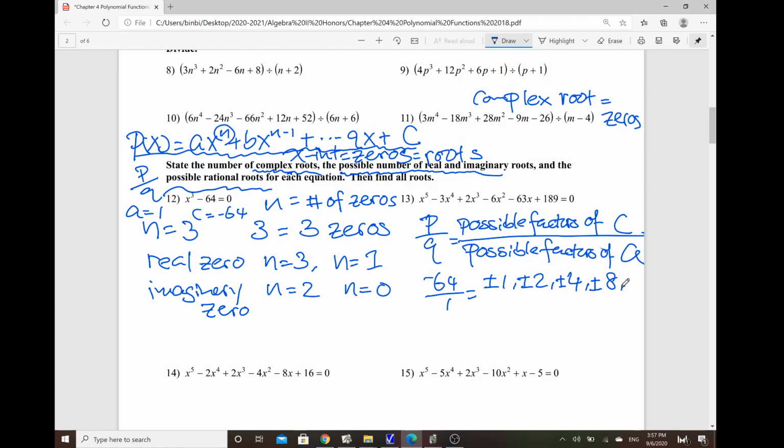No, not 12. And plus minus 16, and then plus minus 32, and then plus minus 64, all over plus minus 1. So once you divide it, that means the possible rational roots are these values. Okay, so those are the possible rational roots.